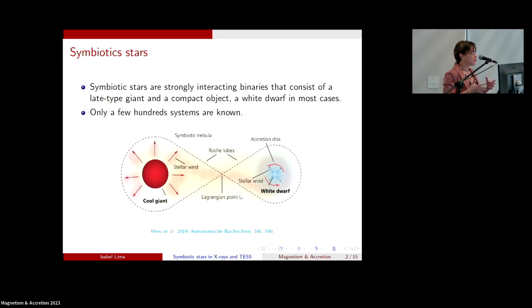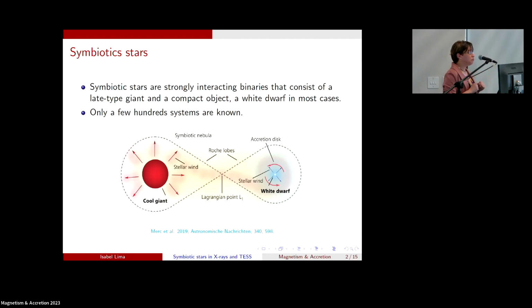The white dwarf is the primary, but in a few cases we can have a neutron star. So, differently from CVs, symbiotic stars have a nebula around the system, which is ionized.